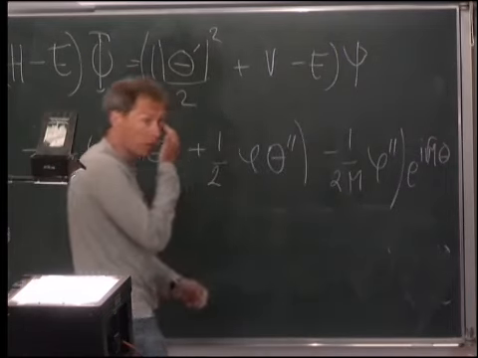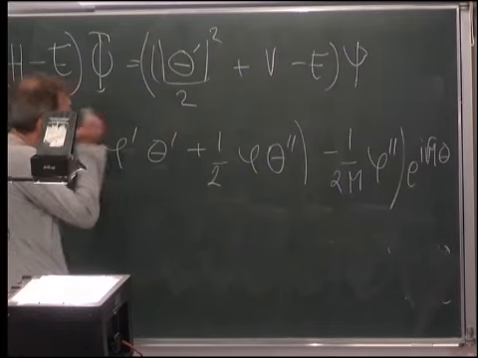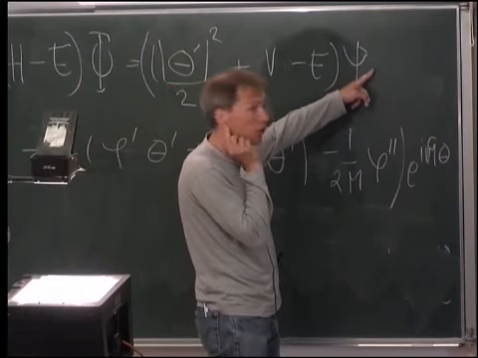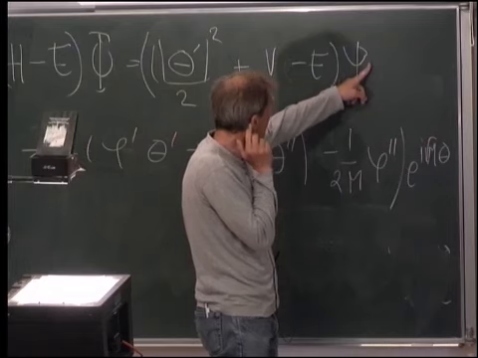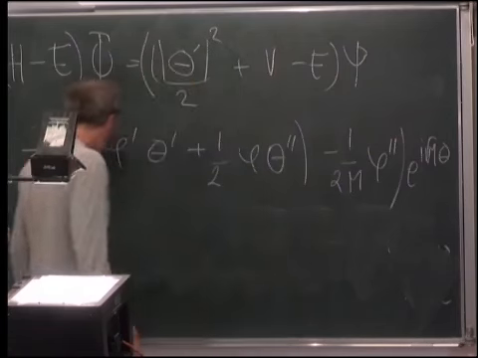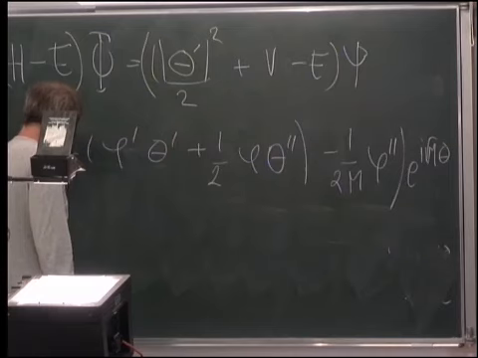We will get the following. So if I multiply this by phi, the complex conjugate of psi, and integrate over all electron coordinates, then I obtain the following Hamilton-Jacobi equation.